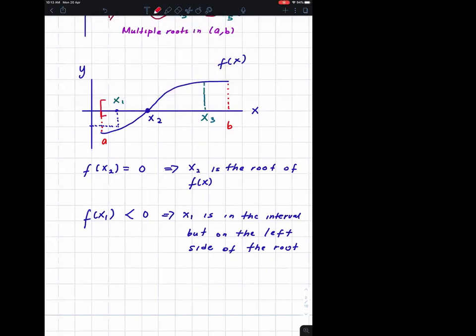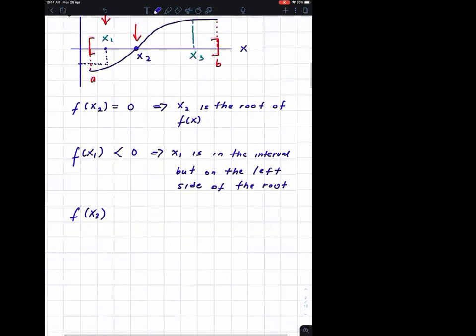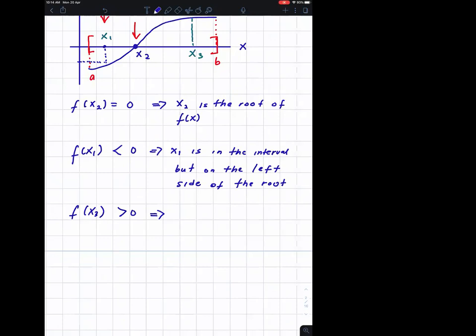X1 is within the interval. This is the bracket here, square bracket, meaning interval. It's within the interval, but it's on the left side of the root. This is the root, and it's sitting on the left side, if it's negative. Say f(x3): if you end up getting greater than 0, then x2, let's say x2, assume that x2 is in the interval.